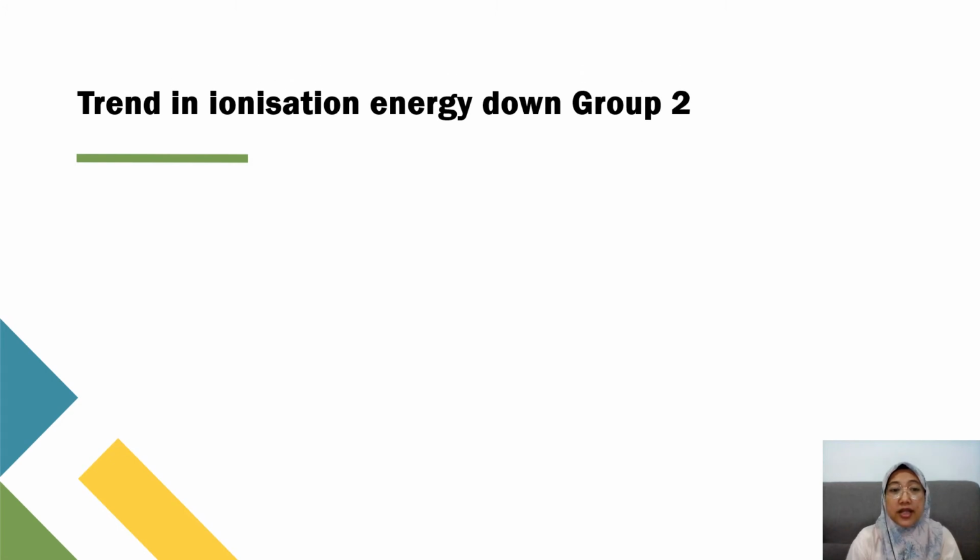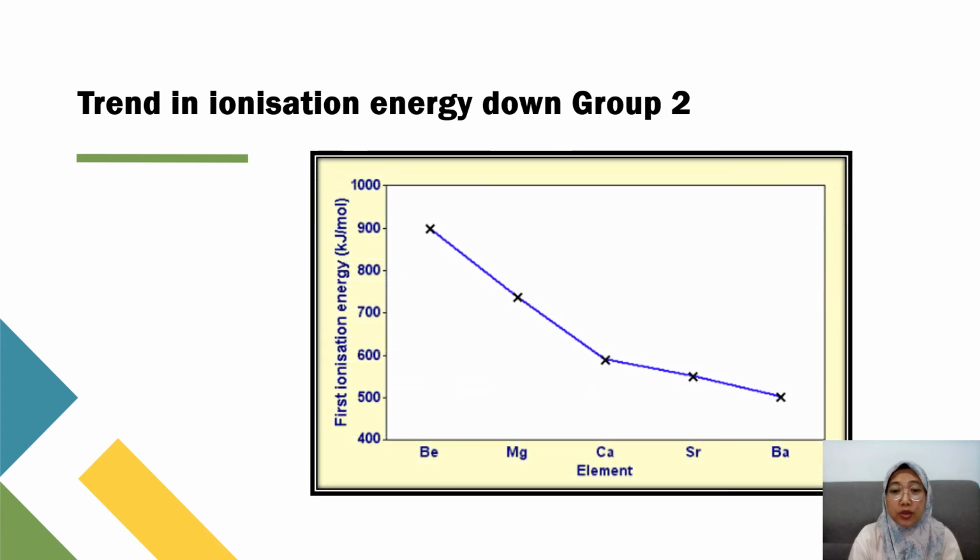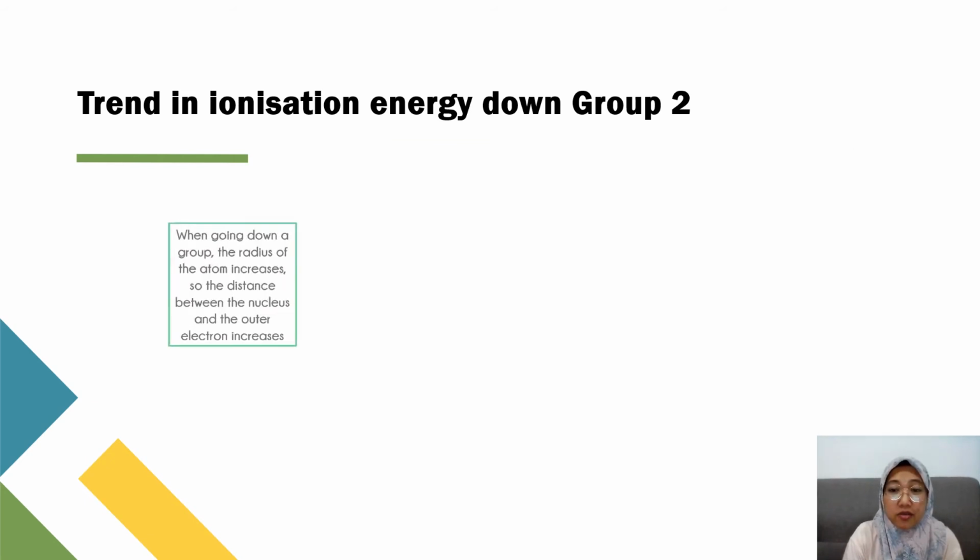Okay, trend in ionization energy down group 2. Okay, untuk group 2, dia punya trend is decrease. Okay, maksudnya bila menuruni kumpulan 2, lagi senang elektron tu untuk release. Okay, lagi senang untuk dikeluarkan. Okay, jadi kita tak perlukan tenaga yang tinggi lah untuk remove the electron. Why?